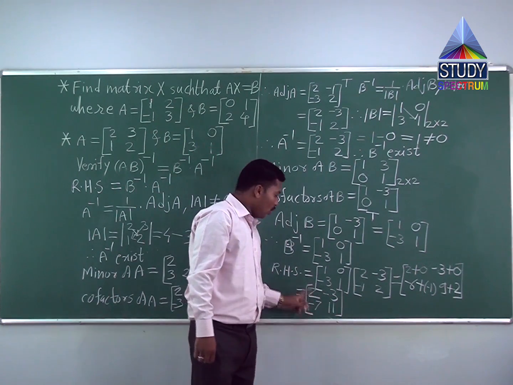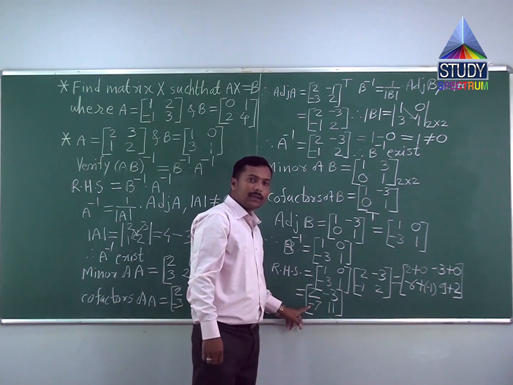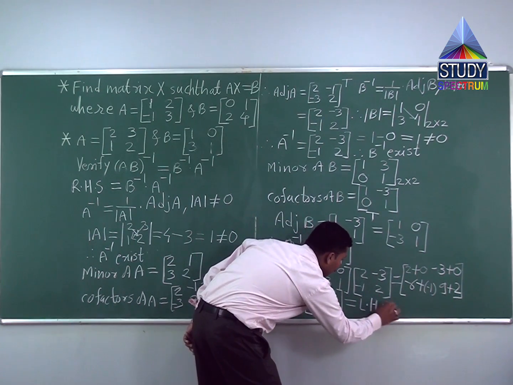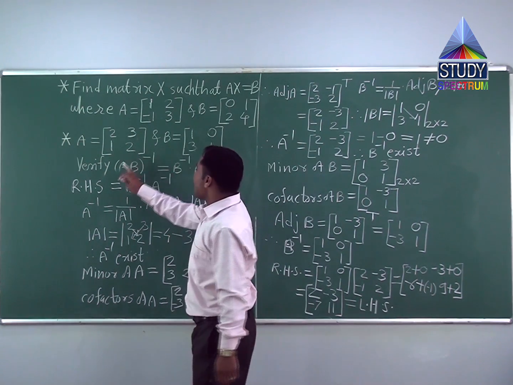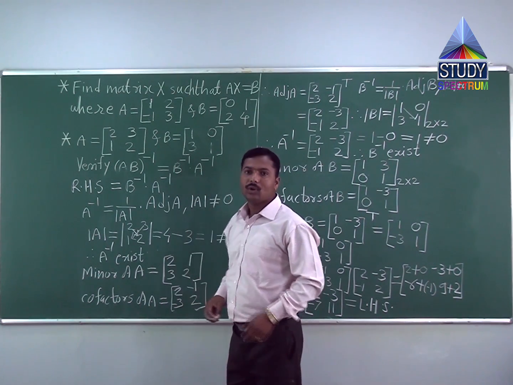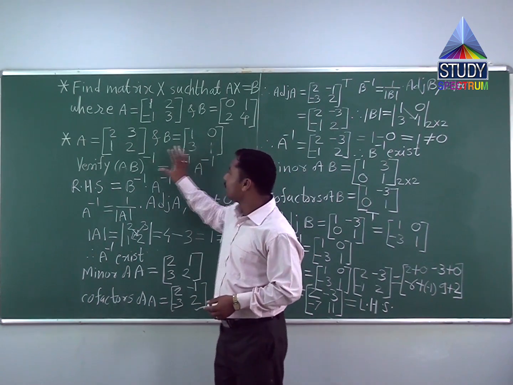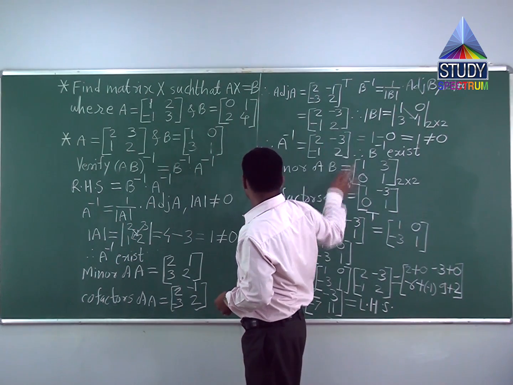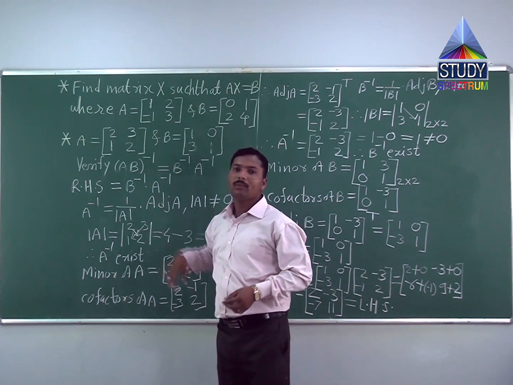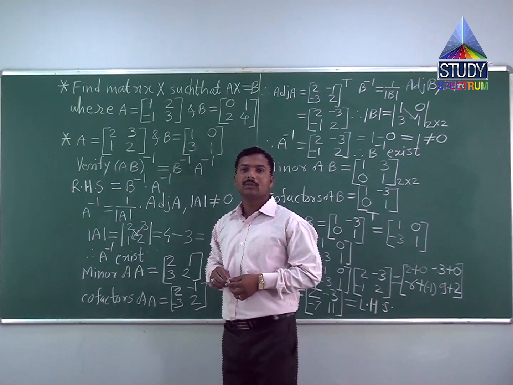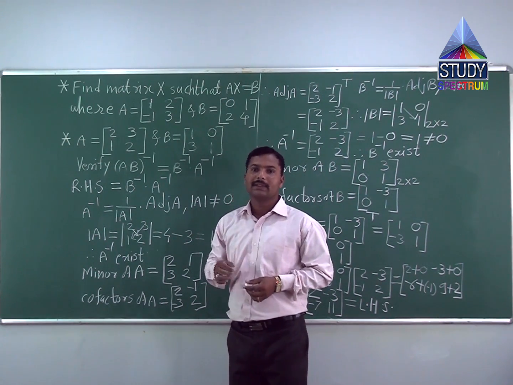LHS is also 2, minus 3, minus 7, 11, and therefore (AB) inverse equals B inverse into A inverse is verified. So this is a true result. In this manner we discussed this very interesting problem. We will also discuss more problems in our next session.